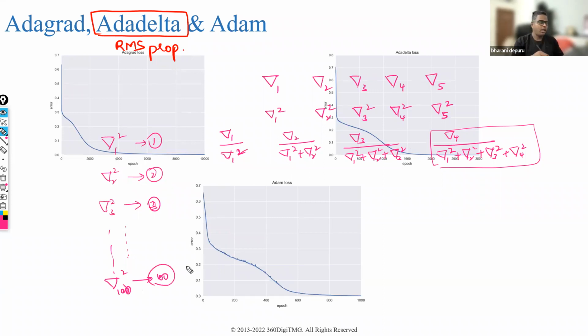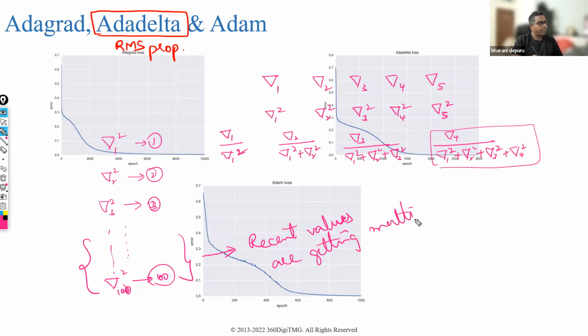So that way, you are giving more weightage to the most recent grads, right? So the recent values are getting multiplied by a larger value.